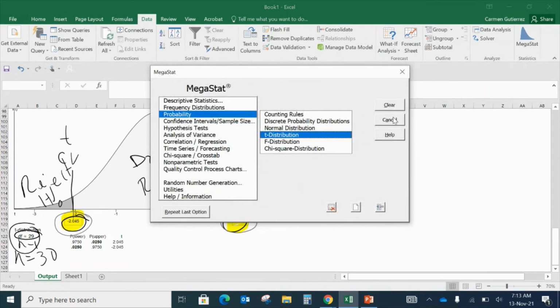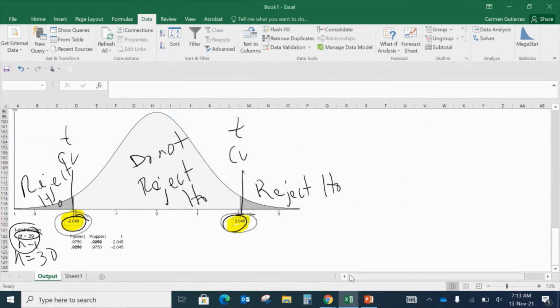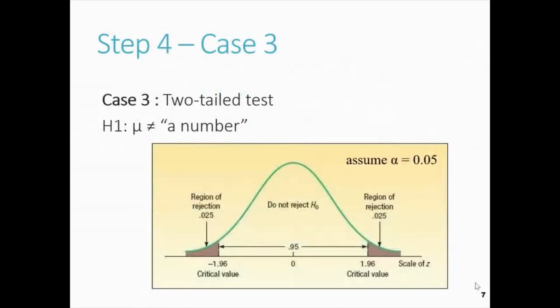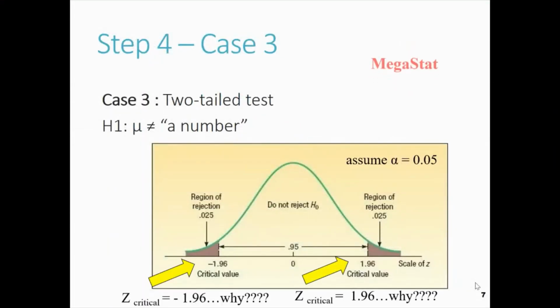Sample size is very important for you to know when you're doing the t distribution. And this is why we get, on a z distribution, the critical value of positive and negative 1.96, because we have divided our alpha by 2.